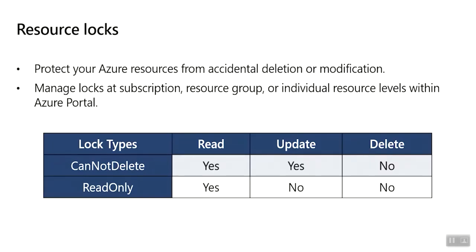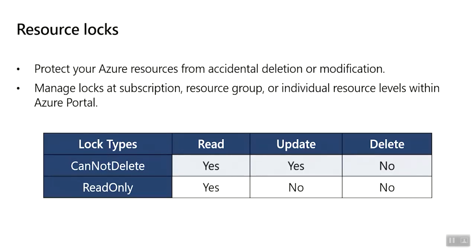One thing you need to know is that when you delete a resource or a resource group, there is no going back. There is no undo. There is no recycle bin. You cannot get it back. So accidental deletions or accidental modifications are a very big deal because you can't undo them. So how do you protect your resources? You protect them through resource locks.